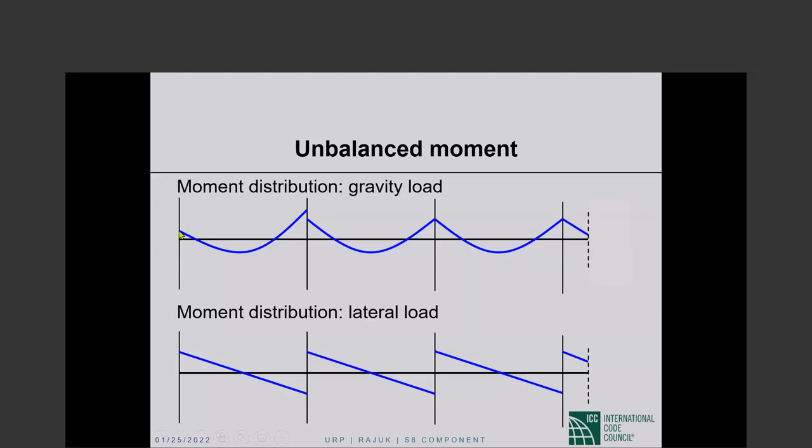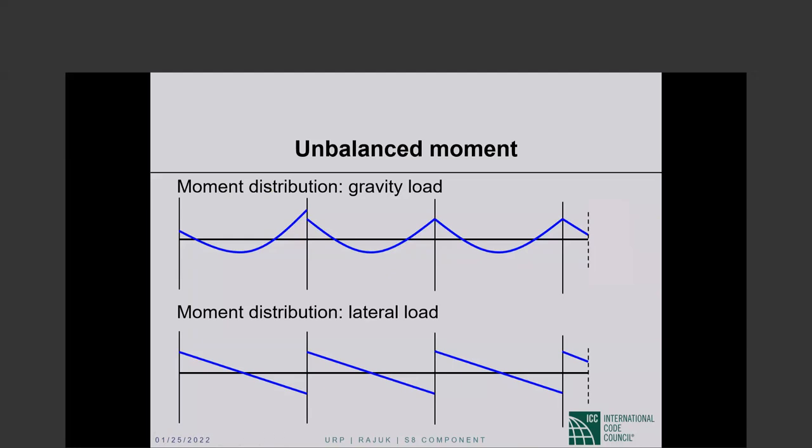At the exterior support, this entire slab moment has to be transferred to the supporting columns. And that moment transfer, as I discussed, is partly by moment, partly by shear. By the time we have arrived at the first interior support, the unbalanced moment is the difference between the bending moment to the left of the support and the bending moment to the right of the support. So there isn't a whole lot of moment to be transferred. At the second interior support, there is no moment to be transferred. The bending moment to the left of the support is the same as the bending moment to the right of the support.